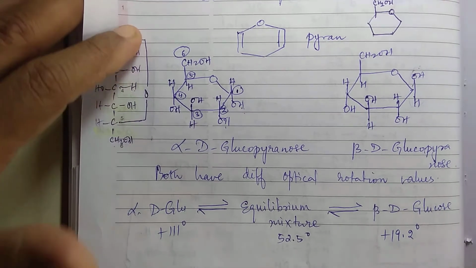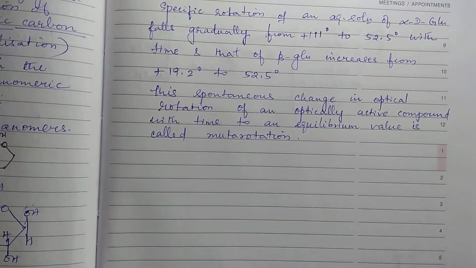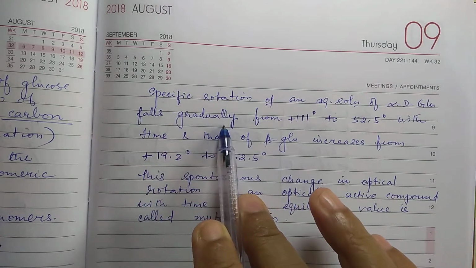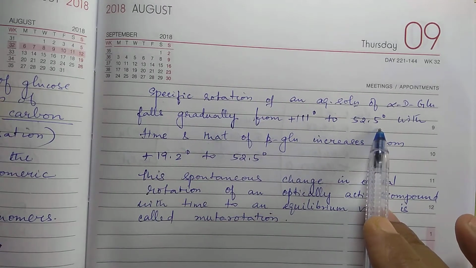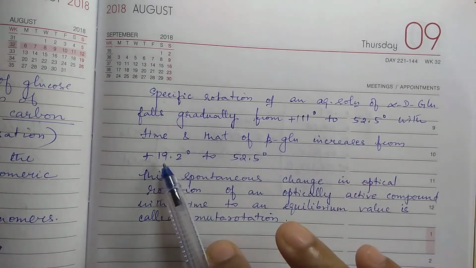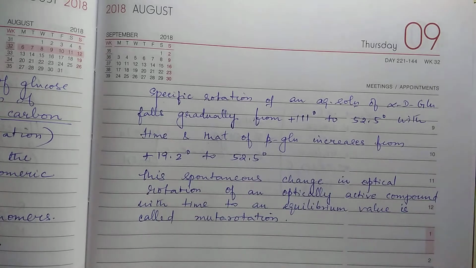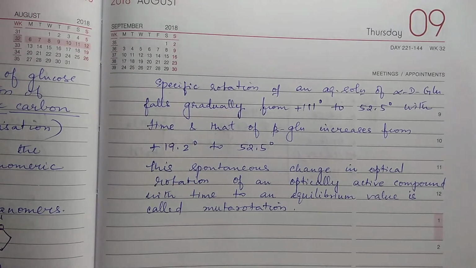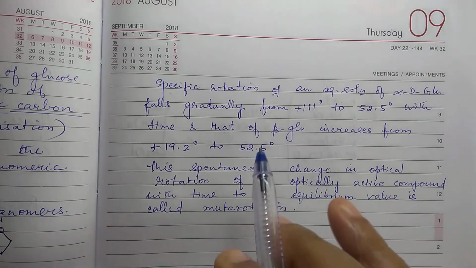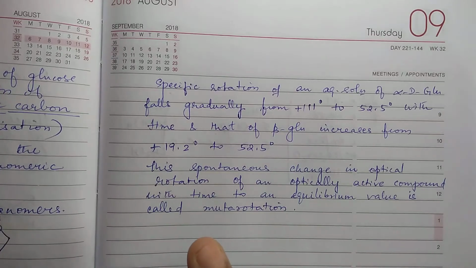So you find that the specific rotation of an aqueous solution of alpha D glucose falls from 111 to 52.5 with time, and that of beta D glucose increases from 19.2 to 52.5, again with time. So this spontaneous change in optical rotation, you started with alpha D glucose, you put it in water, is it not?